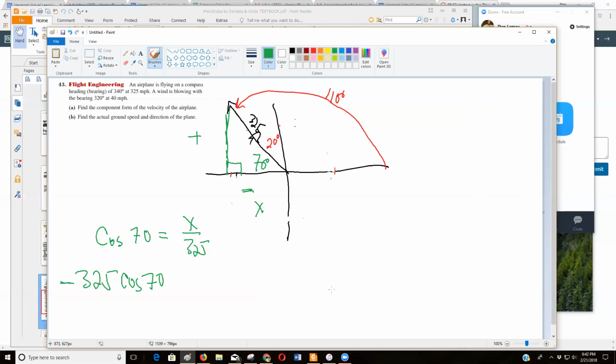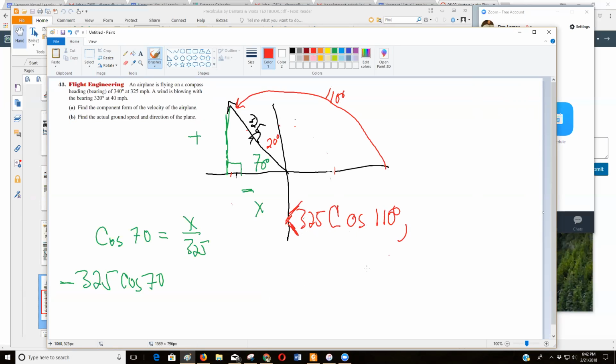Now, alternatively, what came out in this lesson is that you could just say it's 325 times the cosine of 110 degrees. Your calculator knows that if you're taking the cosine of 110 degrees, that's going to be a negative number. We don't have to worry so much about reference angles.